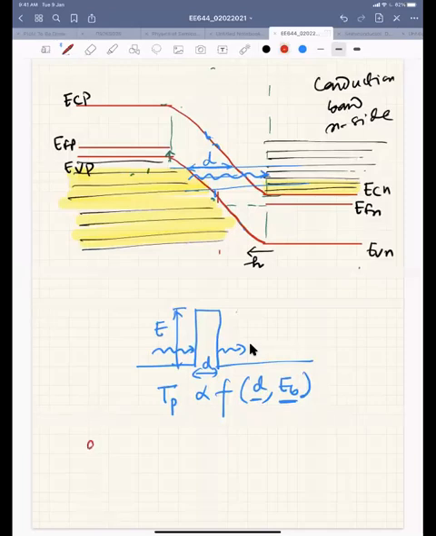The tunneling mostly happens if the depletion width is in the order of 10 to 100 nanometer.